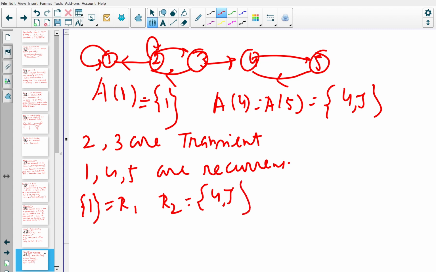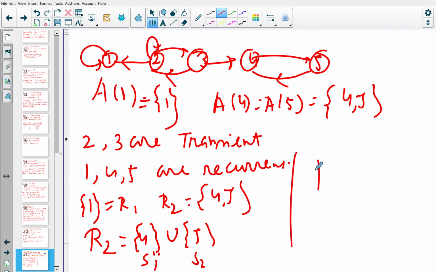But further, you can write R2 as a union of 4 and 5, my S1 and S2. Whenever you start from 4 you reach 5, and whenever you start from 5 you reach 4. So it has a decomposition into two subclasses. This is an example of a periodic recurrent class.